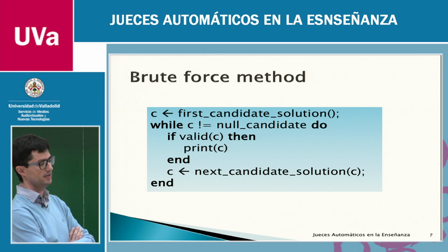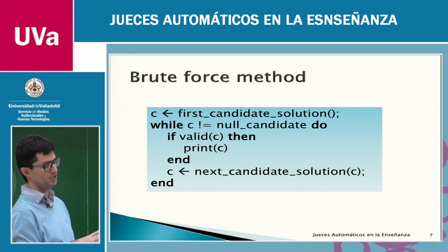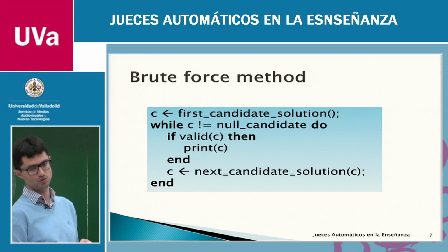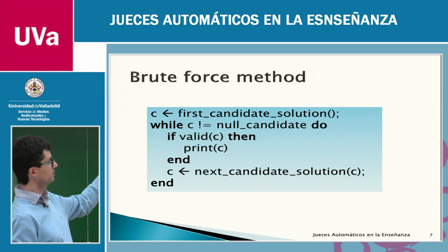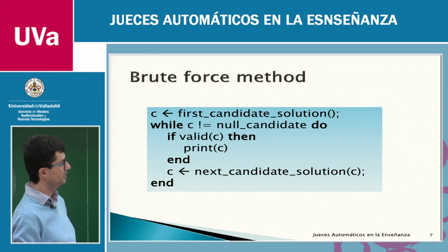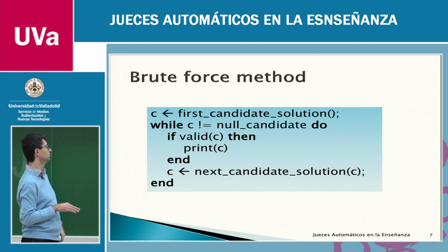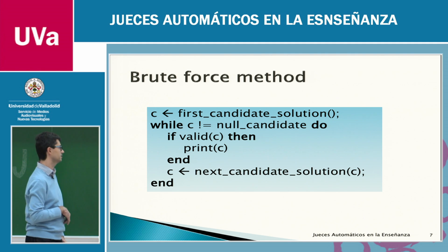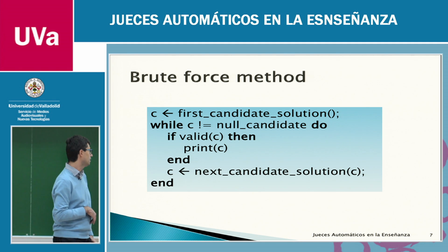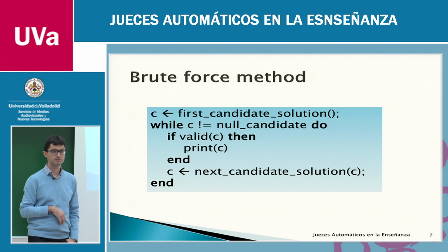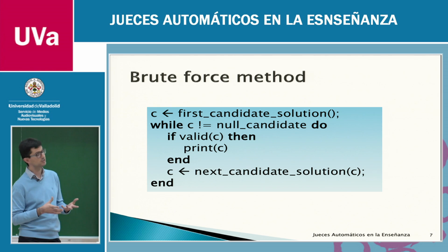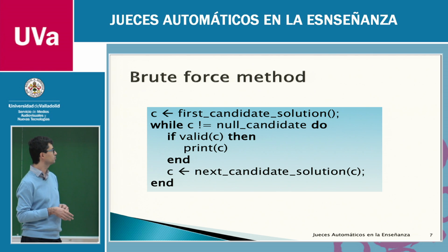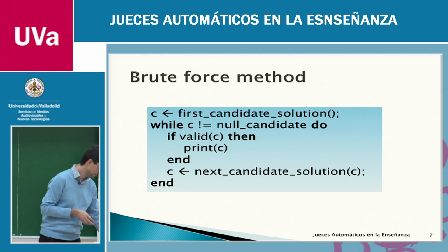The idea is that you try to check every possible solution. You take the first one you can find, check if it's okay, and if it's not, you try the next one. This is done until you find the appropriate solution. Or in some problems, you have to find all the solutions. So this also can help.